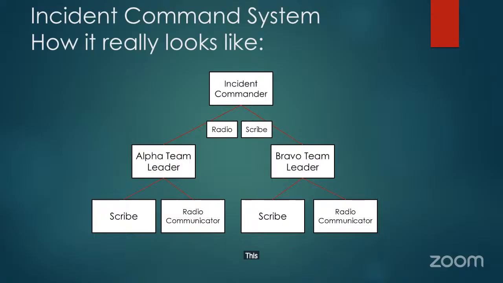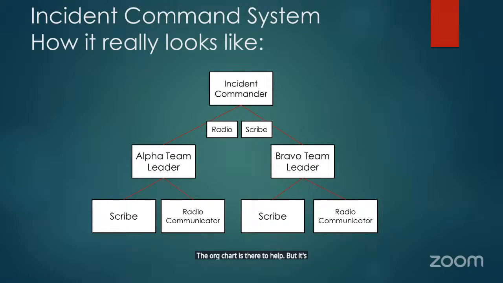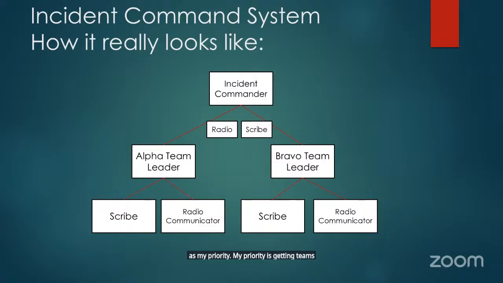This is not big enough. You don't have enough people that it's confusing as to where you need to put everybody. The org chart is there to help, but it's not the focus. Don't think I need to build this out as my priority. My priority is getting teams in the field, getting people to report in and tell me what's going on so we can figure out how to help our neighbors.